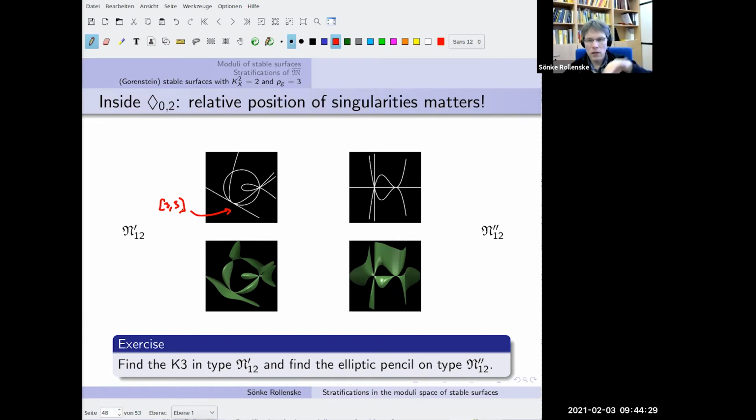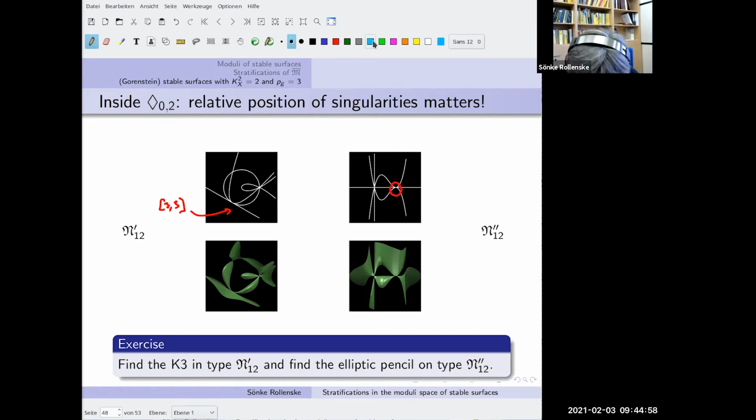And in fact, it's easy to see that the tangent line to this 3,3 point has to be part of the branch data. But the difference between the 2 cases is that in this case, the quadruple point does not lie on this distinguished tangent. And in the other case, this one is the 3,3 point.